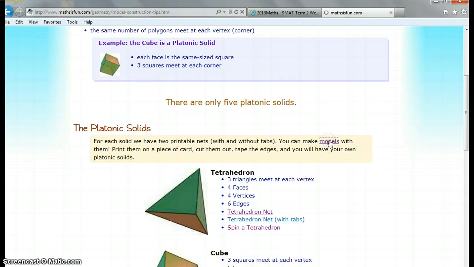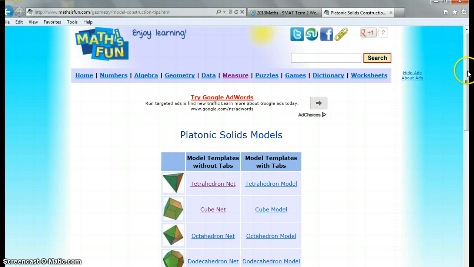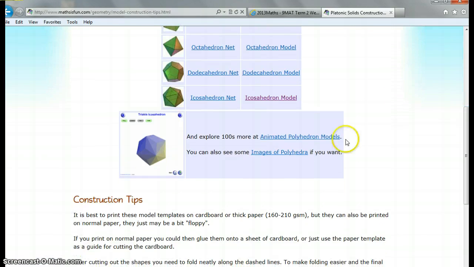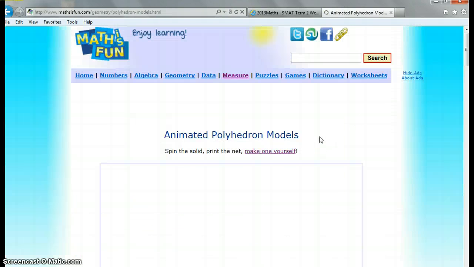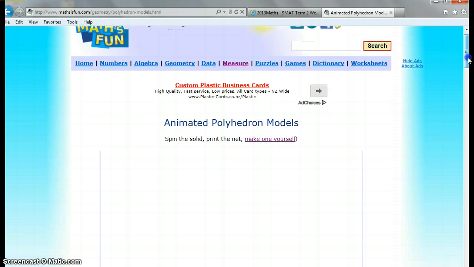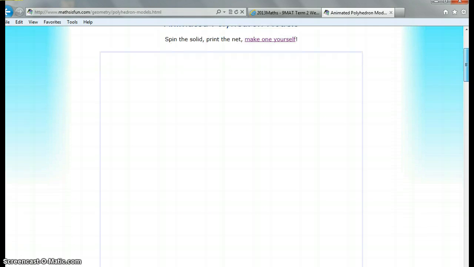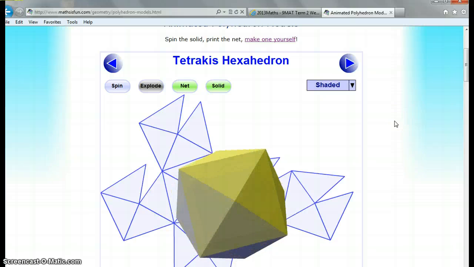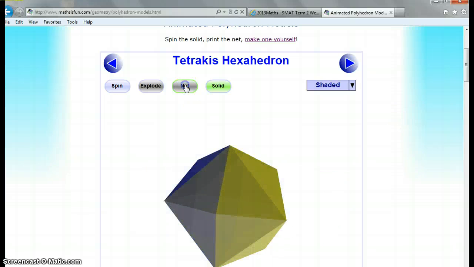Okay, you can make the models and you can see animated polyhedron models. Took a while to load, but there you go. So there's the net.